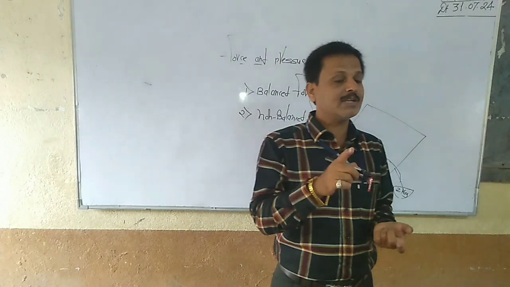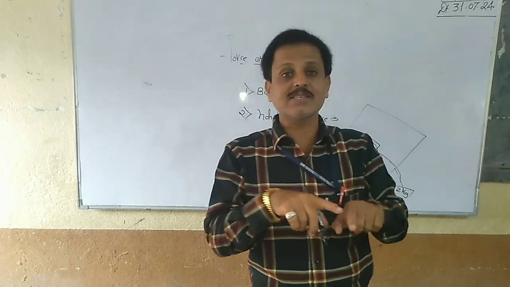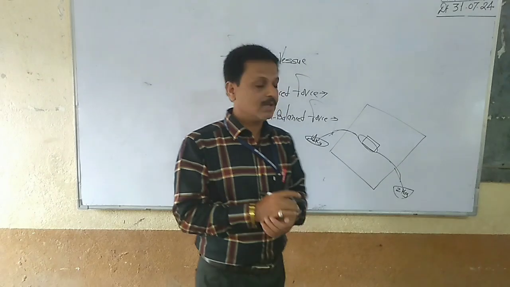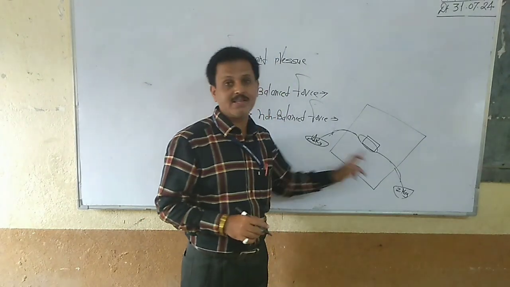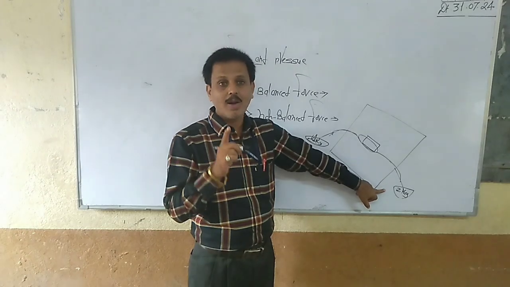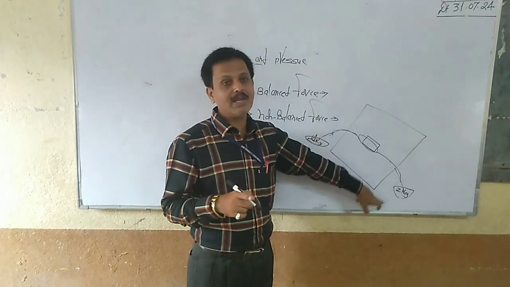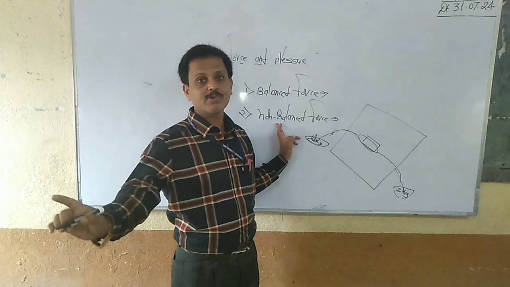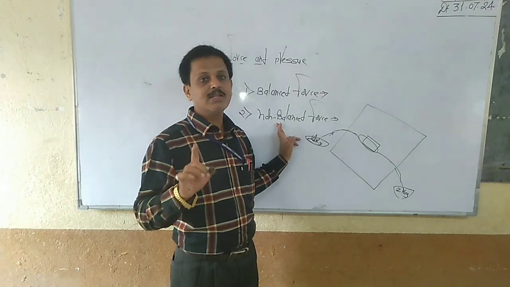If the gravitational force acting on the body or object is the same, it is known as balanced force. If the gravitational force changes, decreases or increases, up and down, it is known as unbalanced force. Is that clear? In this way we study.